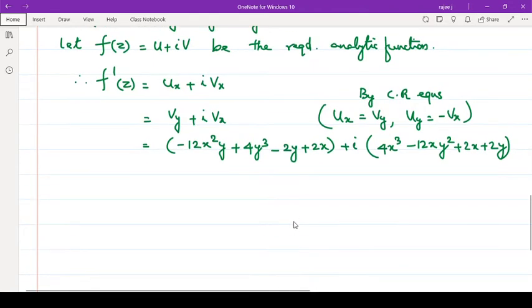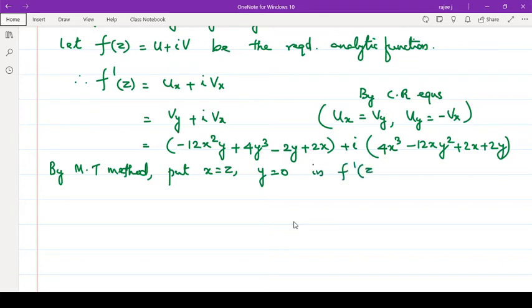Now by the Milne-Thomson method, put x is equal to z and y is equal to 0 in f dash of z.